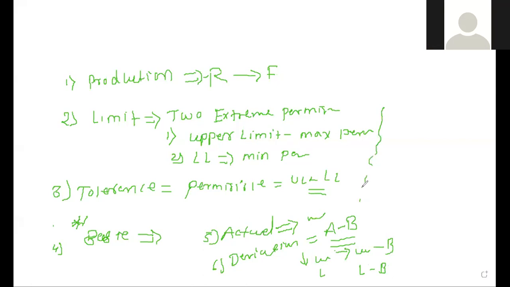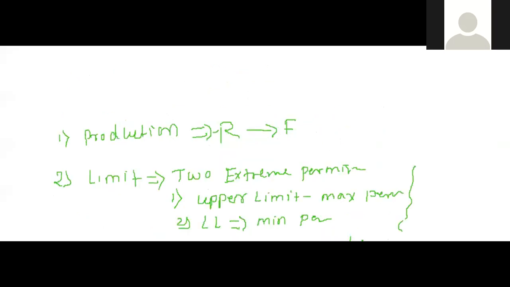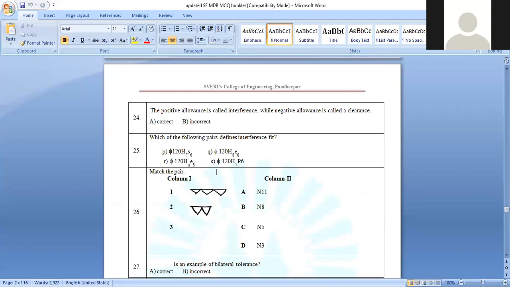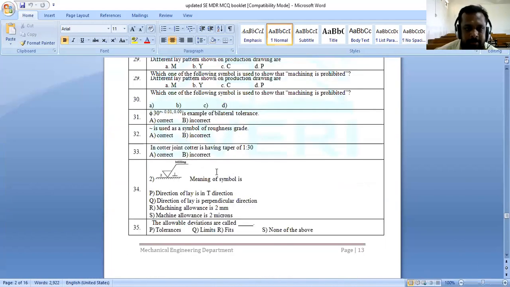Okay, I will show you one example. Is it visible to all?